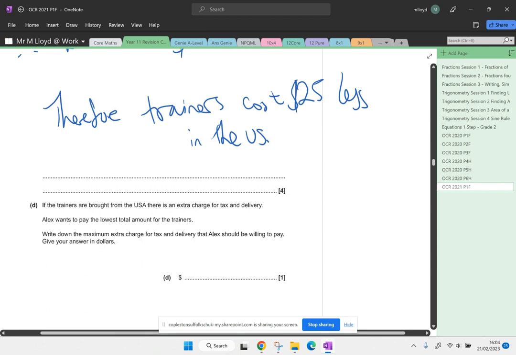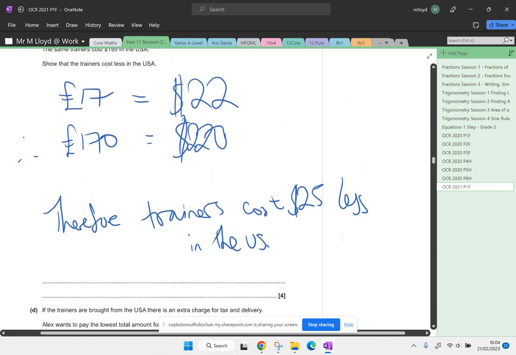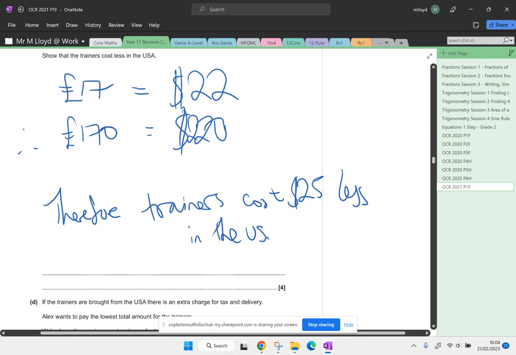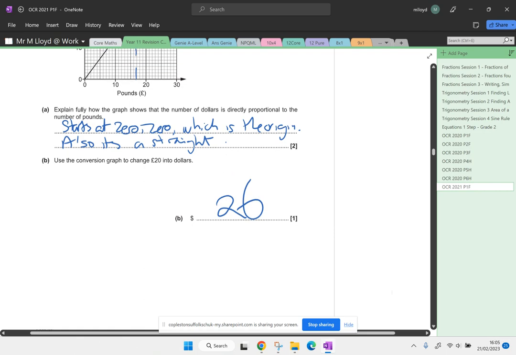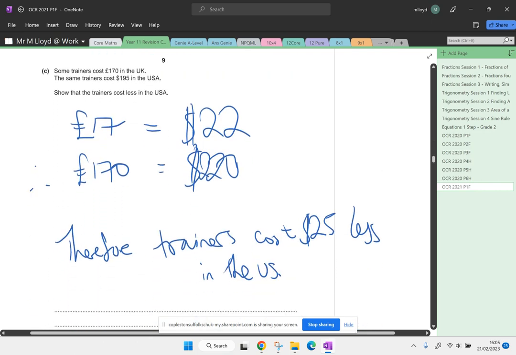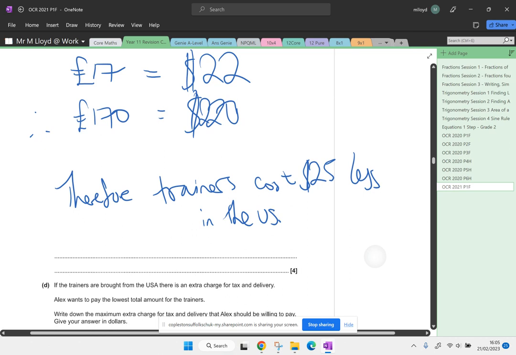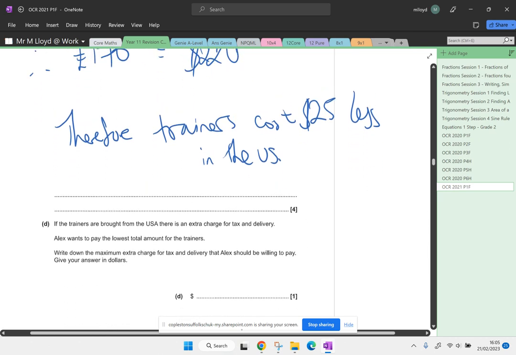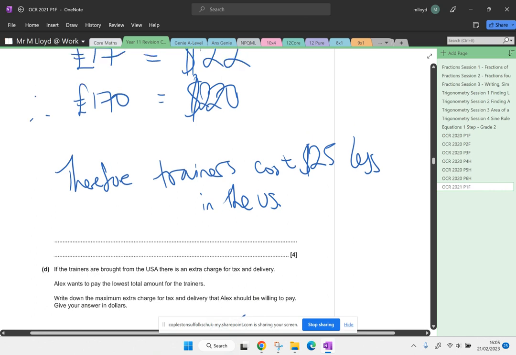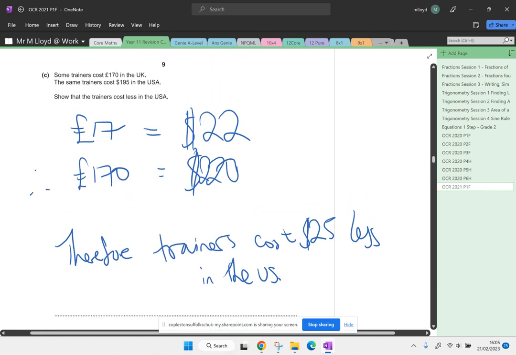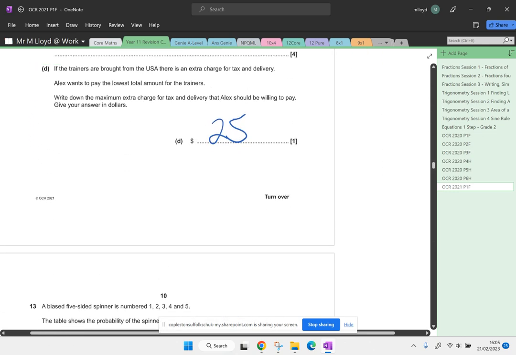Give your answer in dollars. I'm going to say $25. Because of that difference between one and the other, if we paid the $25 for the USA, that's going to make it $220, which makes it the same amount.